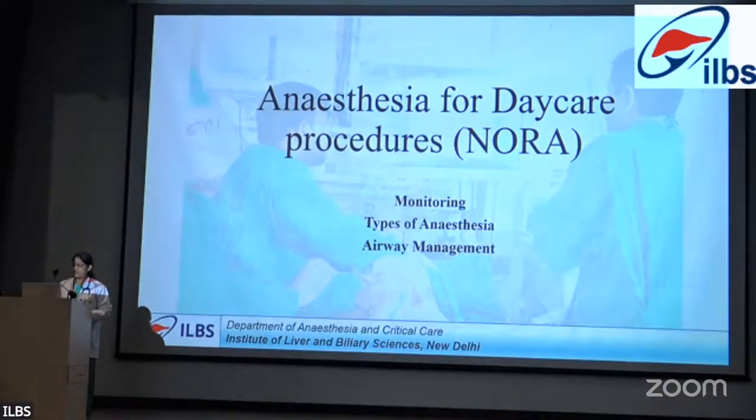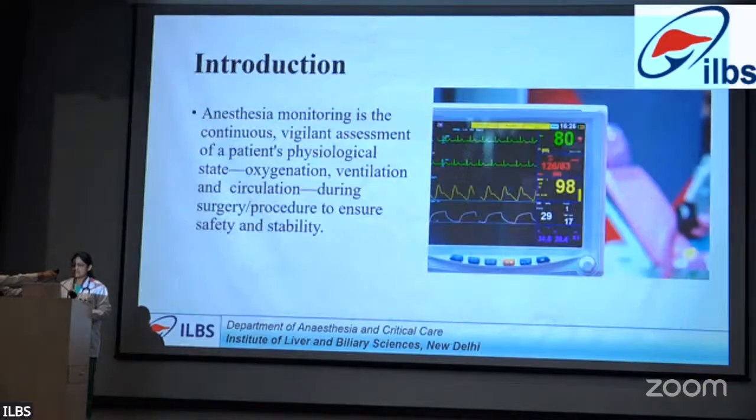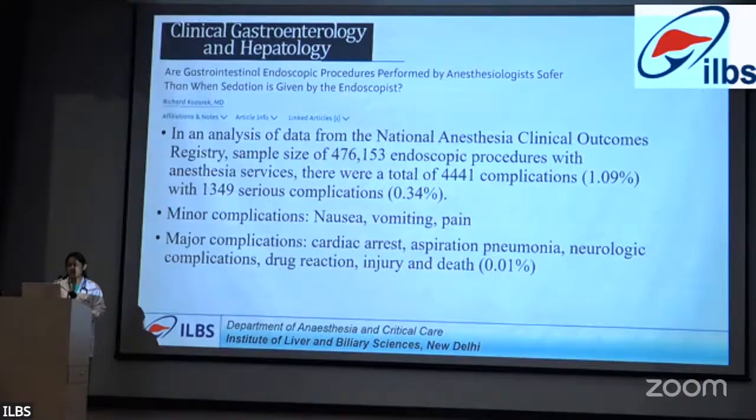I'll be continuing with monitoring, types of anesthesia and airway management. So monitoring is a vigilant assessment of the patient's physiological state, oxygenation, ventilation, and circulation during a surgical procedure to ensure safety and stability. The US found a new technique of giving anesthesia by a certified nurse, propofol sedation, and this article showed that gastrointestinal endoscopic procedures performed by an anesthesiologist are safer than sedation given by an endoscopist. In a large study of 476,000 endoscopic procedures, they found anesthesia given by anesthesiologists reduced minor complications to 1.1% and serious complications to 0.34%.